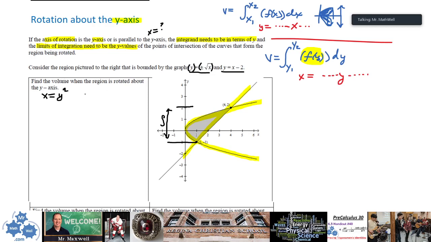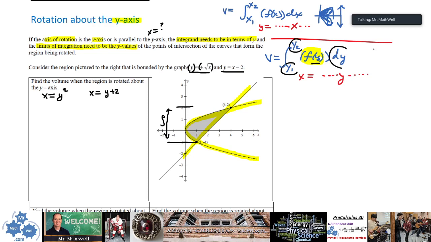That's supposed to be a 2. And we isolate for x in the other, so x equals y plus 2. Everyone okay with that? That's the first thing we need to do if we're going to integrate the opposite way. Everything is inverted and switched around: y is here, f of y, dy, all that.